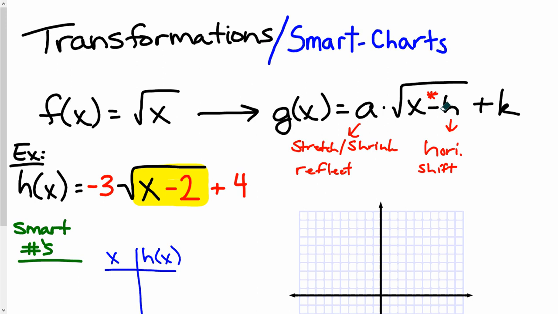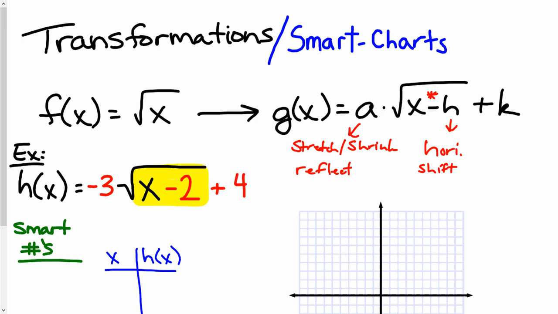So if you see a minus, say the number 5, well, that's going to shift it 5 units, but not to the left. It's going to shift it 5 units to the right. If this was like x plus 5, well, it's going to shift it 5 units horizontally, but it's going to go actually to the left, okay? So it's the opposite of what the sign is the direction of the shift.